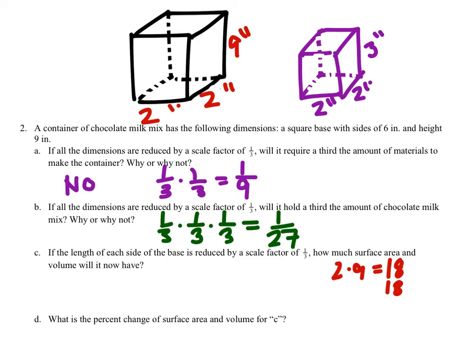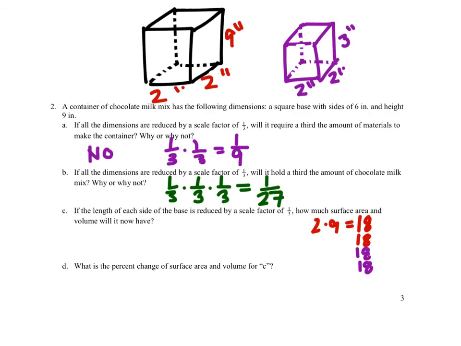Then we've got the front, which is also a 2 by 9, which is also 18. And then we've got the bottom, which is a 2 by 2, which is 4.